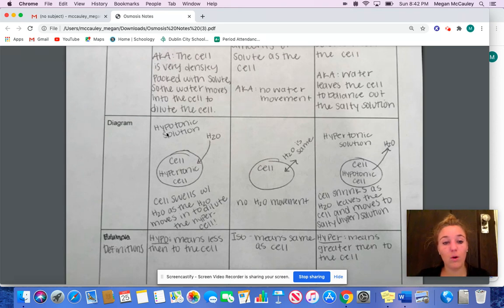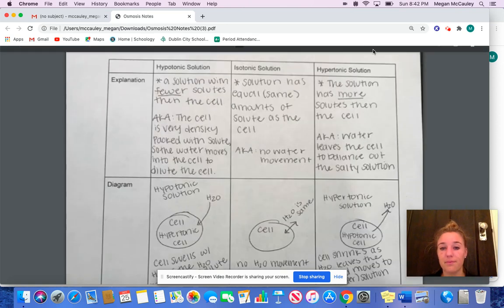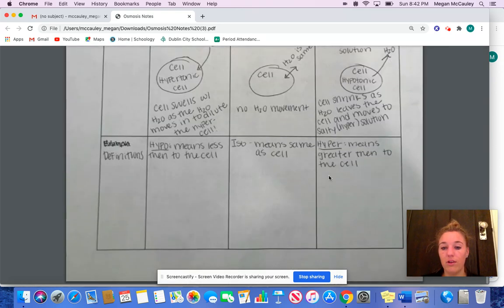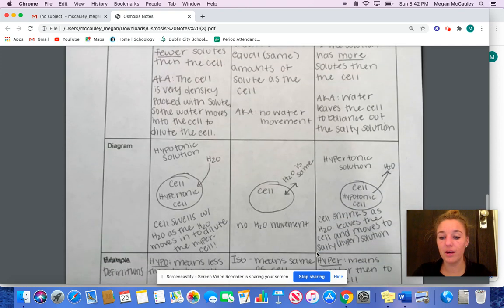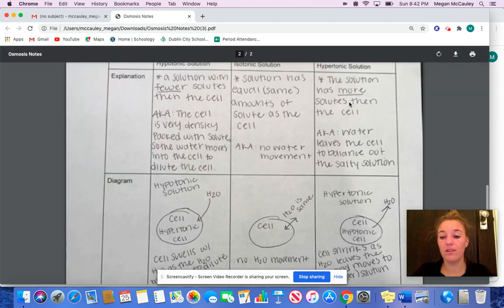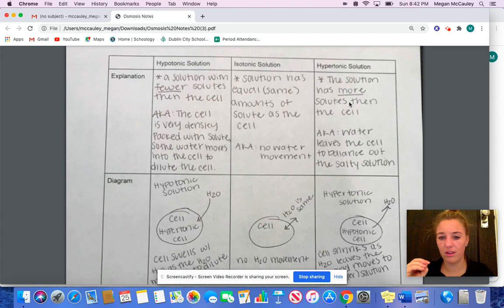Now, when you do these, you always want to label hypotonic and hypertonic. So let's jump over here. Hyper means higher than the cell, greater than the cell. So a hypertonic solution out here has more solute than the cell. It's really salty compared to the cell. AKA, the water in the cell wants to balance out that saltiness with its environment.